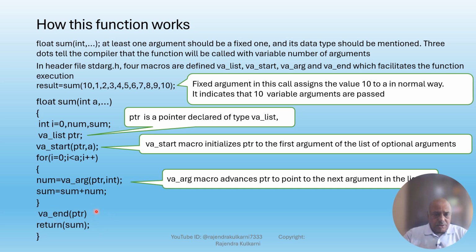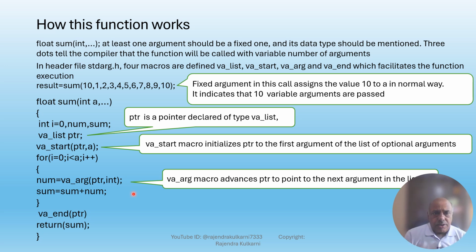There is one issue here. This va_end(ptr) should also end with a semicolon. This semicolon is missing here. It is an oversight by me while transferring the data from the previous slide to this slide.